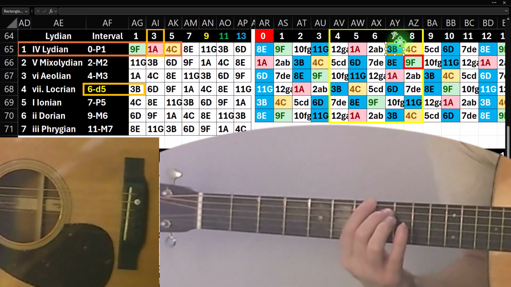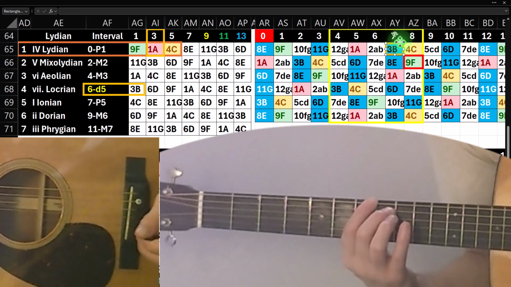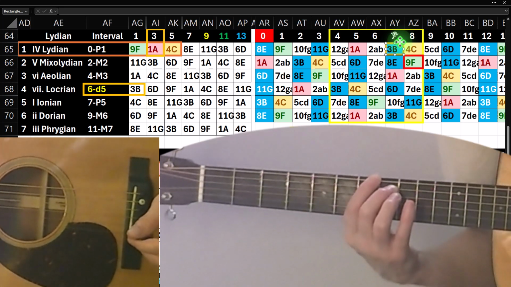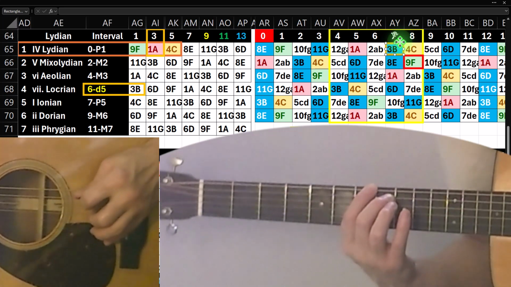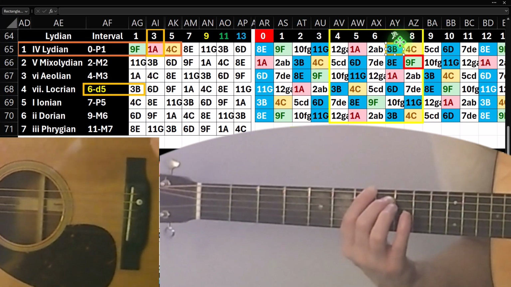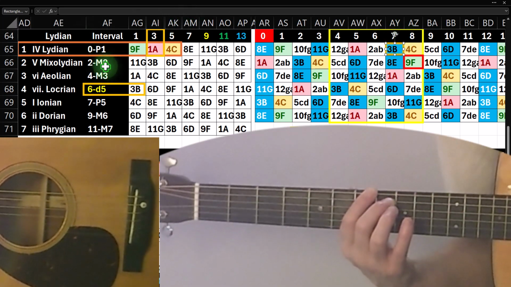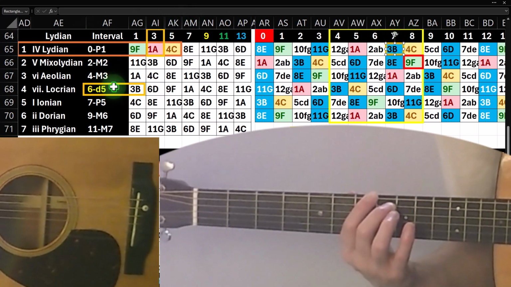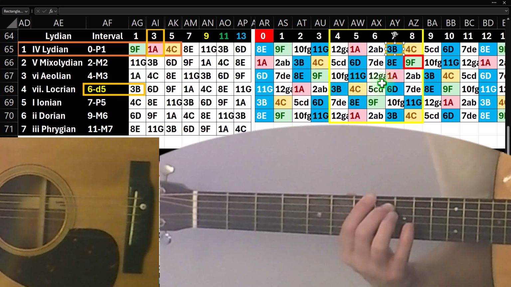That's a 6-note away, which I could call a diminished fifth, or, which is possibly a more common name, an augmented fourth. If I go from the bottom to the top, that's when I want to call it an augmented fourth, if I'm looking at it in relation to the Lydian scale, because I need a fourth. But again, it's the same distance as a diminished fifth. It's just a naming convention.